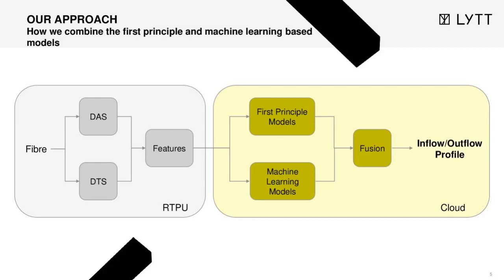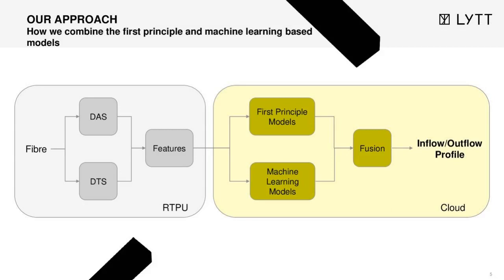RTPU stands for Real-Time Processing Unit, and it's an analytics computational unit that sits on site and processes both DAS and DTS signals. So what the image shows here is how the operations are split between those computed on site using the RTPU and those that are performed on the cloud.